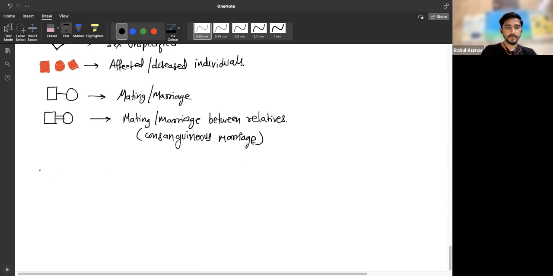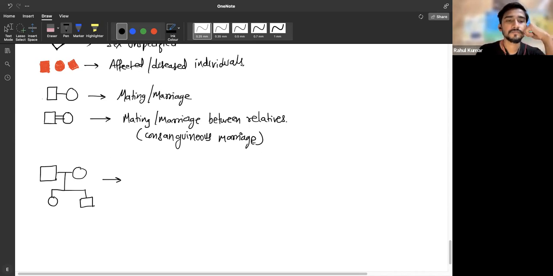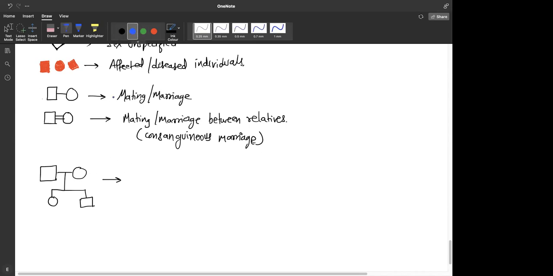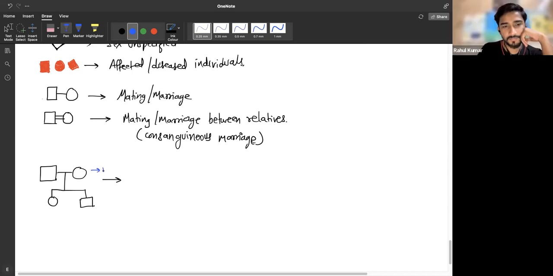Now, using this, let's try to make a small pedigree. If I'm making it like this, and then there is a line coming down. What does this pedigree mean to you? A couple has a daughter and a son. Yes, so these are the parents and these are the offsprings.